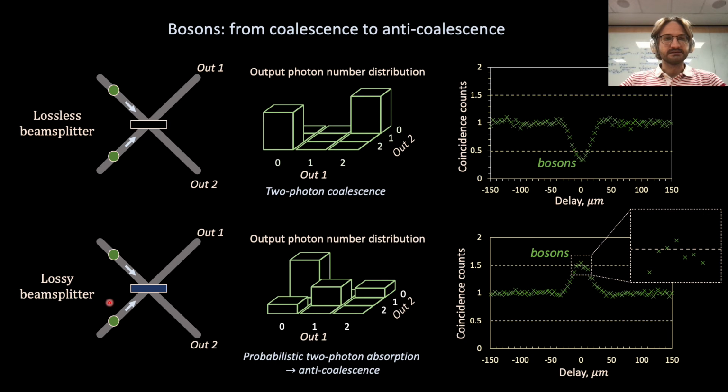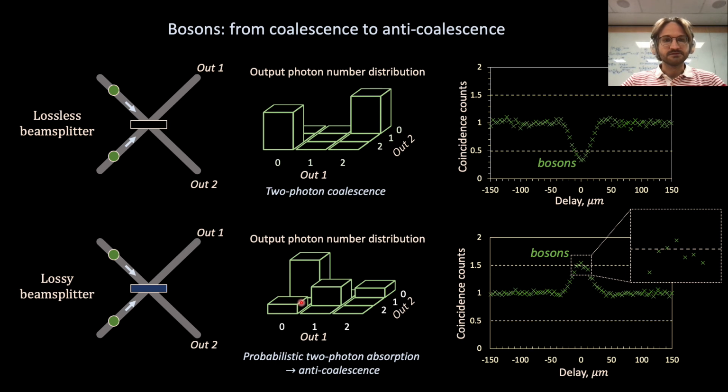So when we replace the lossless beam splitter by the lossy one, the output photon number distribution changes drastically. And here a very counterintuitive phenomenon takes place, namely probabilistic two-photon absorption. The two photons are absorbed with probability of 50%, with this 0-0 state, while in other cases both photons survive.